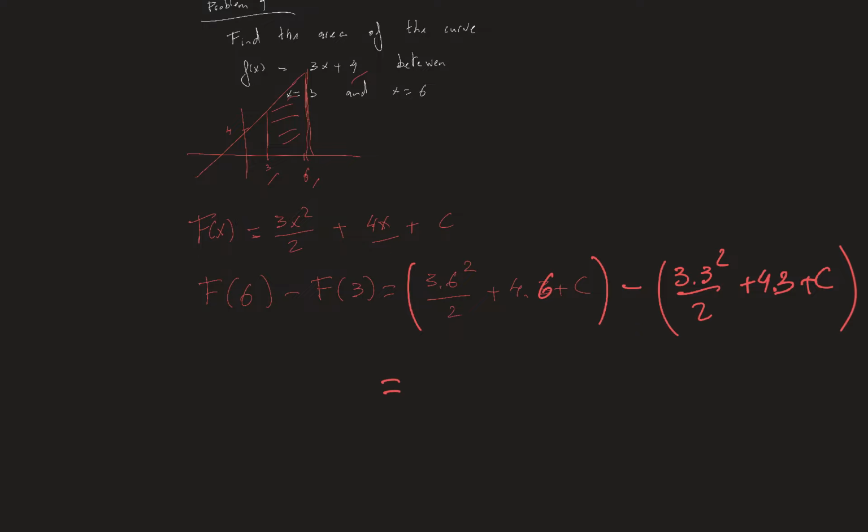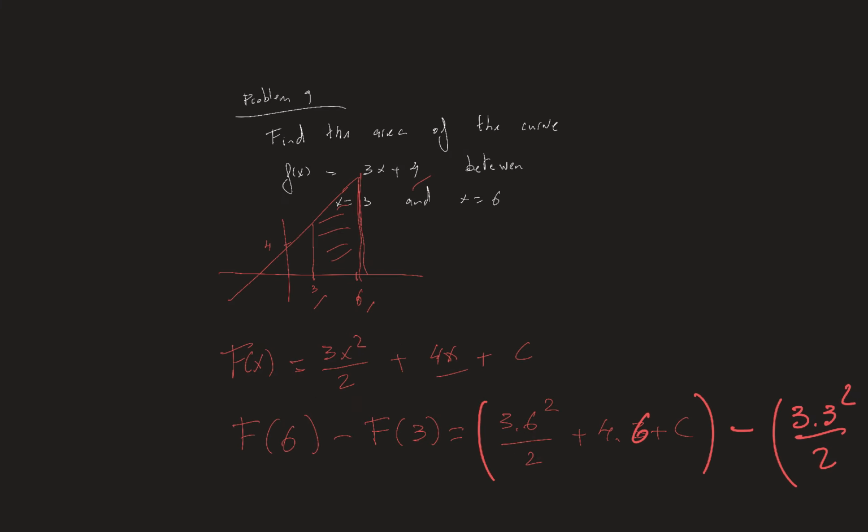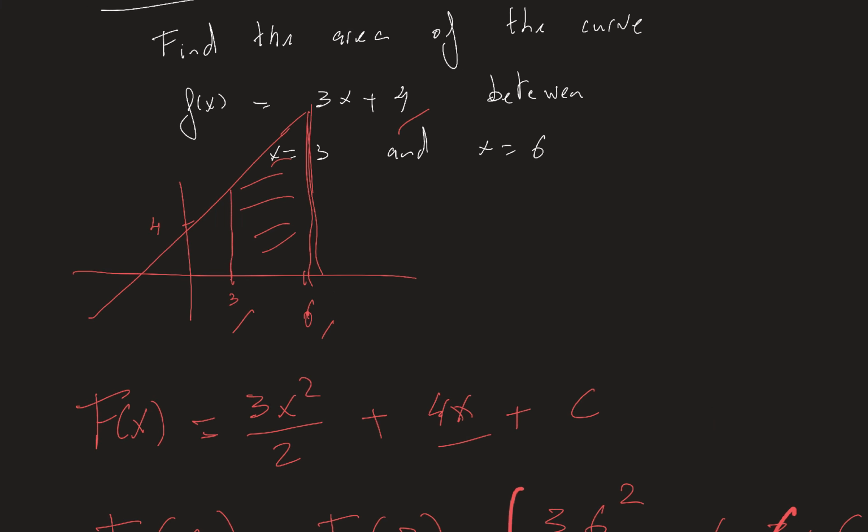This number should be the same as the area you find if you compute the area of the rectangle and add the area of the triangle. The rectangle has base 3, and its height, when x equals 3, is 9 plus 4, which is 13.